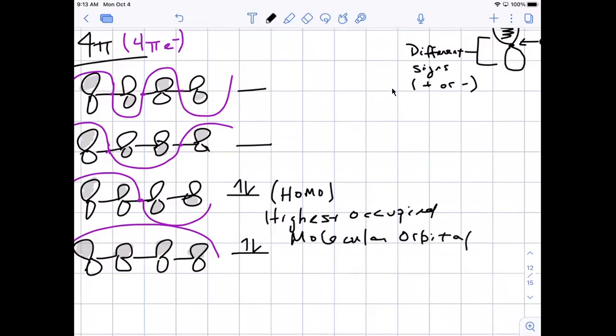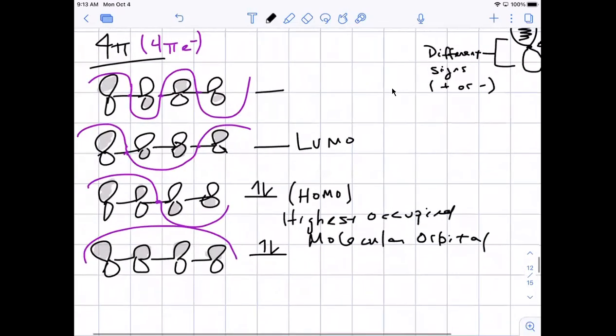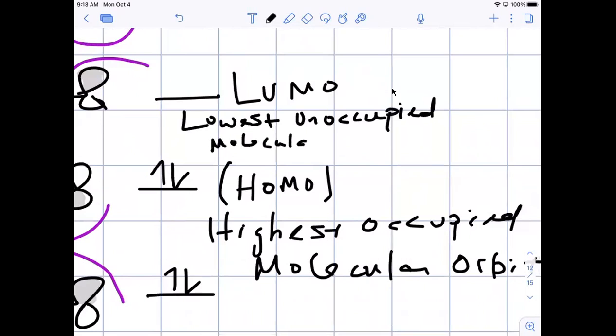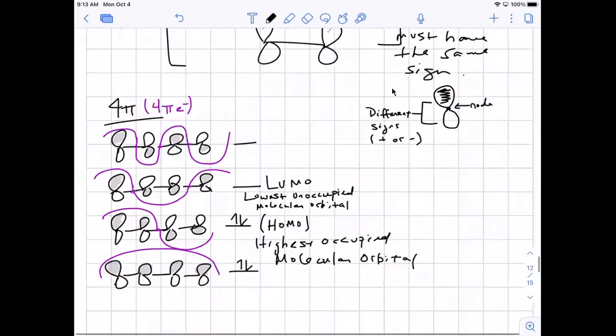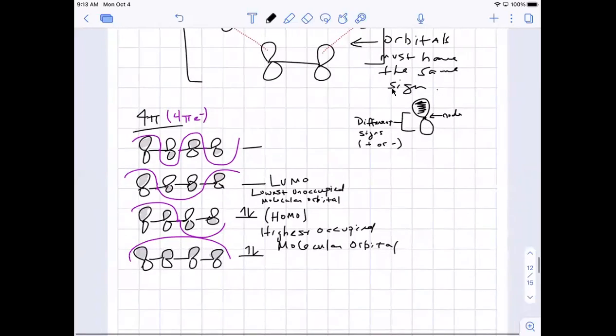Right? And then right above it, the empty orbital above it is the LUMO, what we call the LUMO. And that is the lowest unoccupied molecular orbital. So that's one of the key concepts with molecular orbital theory, is HOMO and LUMO, right?